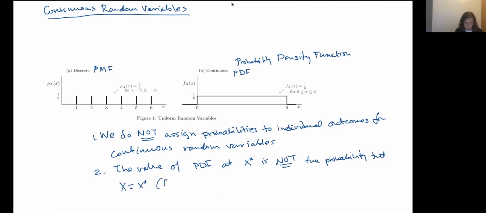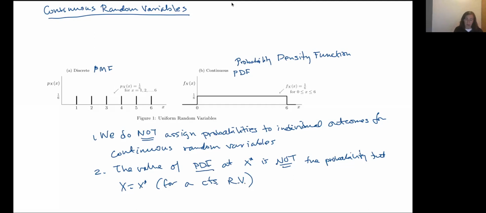Again, this is for a continuous random variable. And we know it's a continuous random variable because we're talking about a probability density function as opposed to a probability mass function.